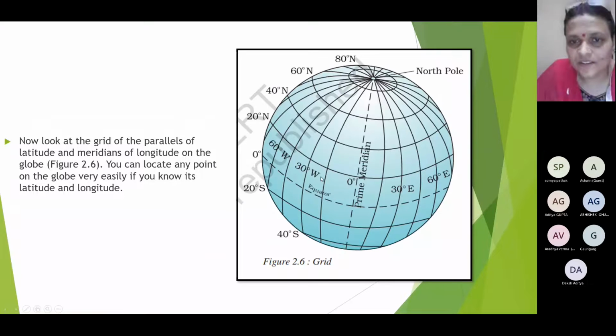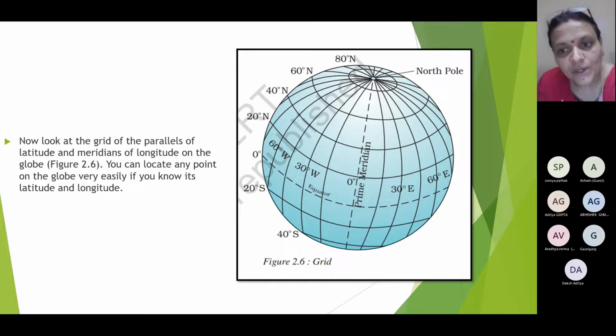See, this is figure 2.6. You can locate any point on the globe very easily if you know its latitude and longitude. If I say 30-degree east, what does that mean? What am I talking about, latitude or longitude? Longitude, very good.